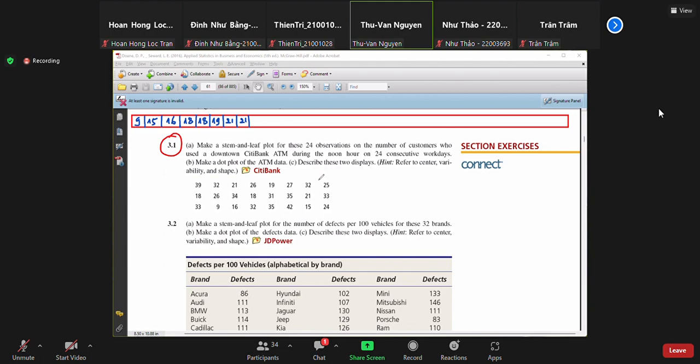Then 22, there is no 22. 23, no. 24, yes, once only. 25, how many?